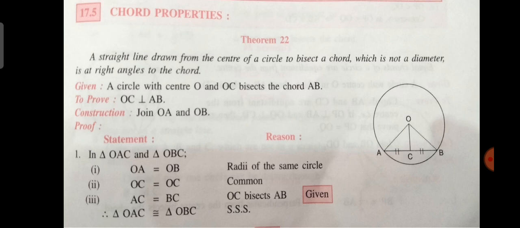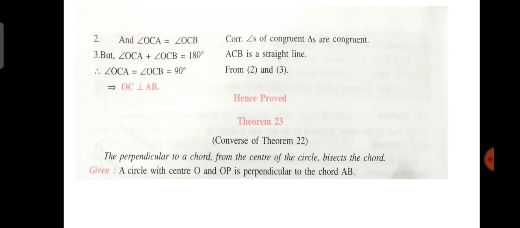Since the two triangles are congruent, the corresponding angles are also equal. That is, angles OCA and OCB are equal because they are angles of congruent triangles. But angle OCA plus angle OCB is 180 degrees, because ACB is a straight line.